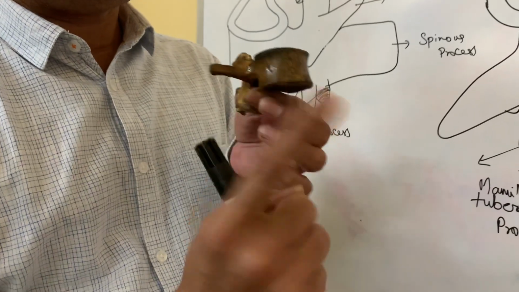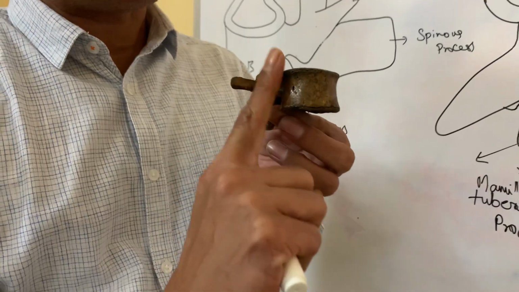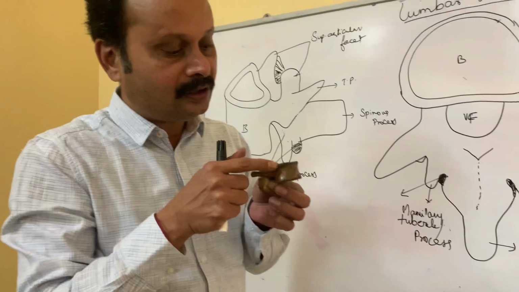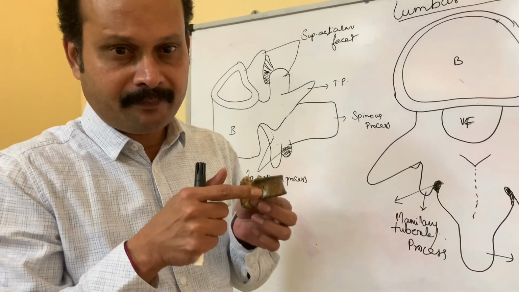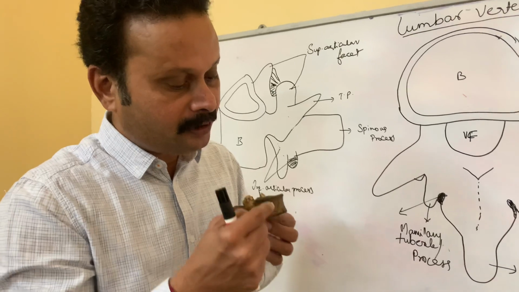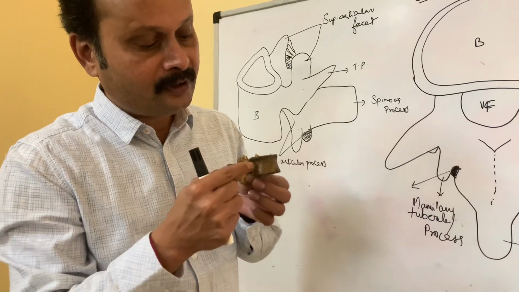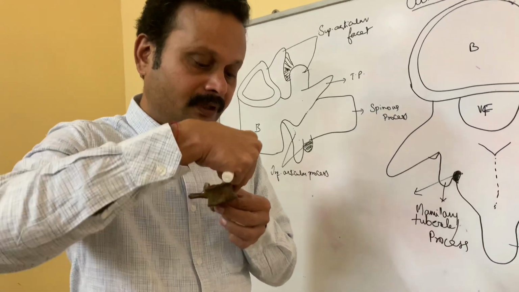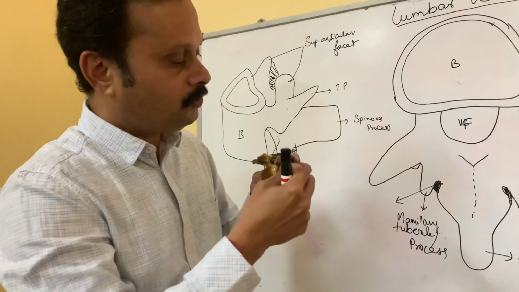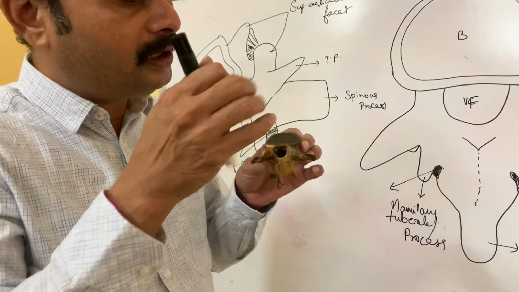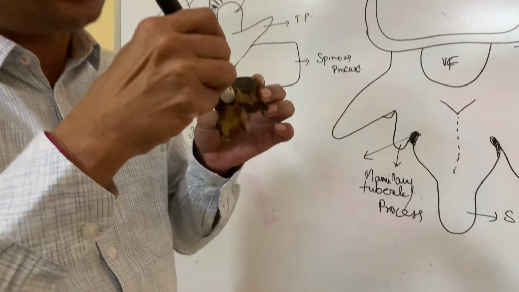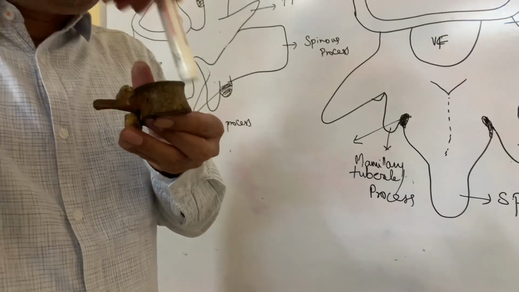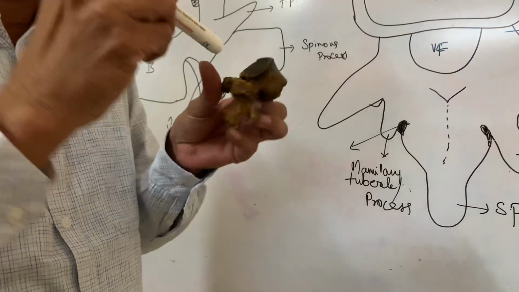More laterally, on either side, is the corresponding psoas major muscle, which takes origin from the sides of the body of all the lumbar vertebrae. Posteriorly, in the midline of the body, the posterior longitudinal ligament is attached. So from anterior to posterior: anterior longitudinal ligament, crus of diaphragm, psoas major, and then the posterior longitudinal ligament.